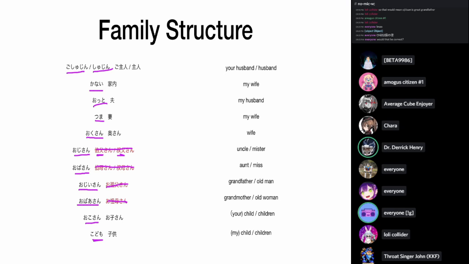Tsuma is a more polite way to say, I mean, I wouldn't say more polite, probably. It's a less regressive way to refer to your wife while still being affectionate rather than calling them kanai, which is a word that you can use for your wife. You can use tsuma, and tsuma is, my wife, without having the regressive connotations that kanai does. So that's why I had those on there a couple of times.